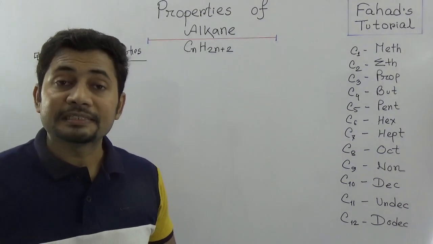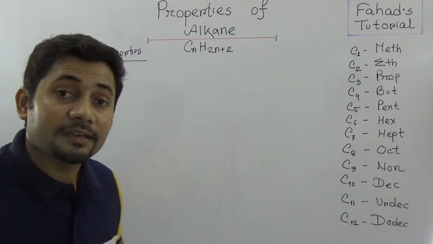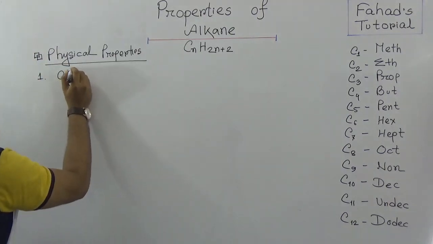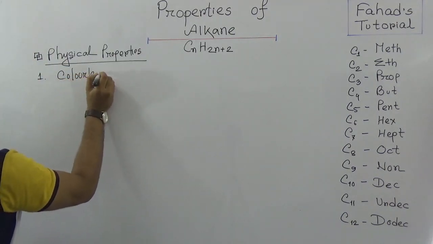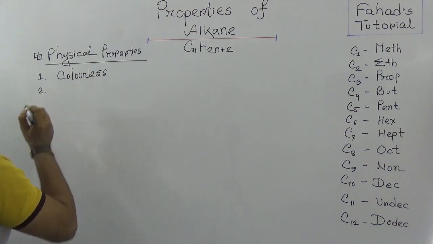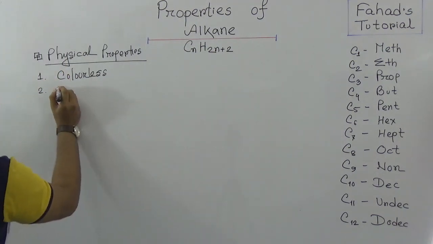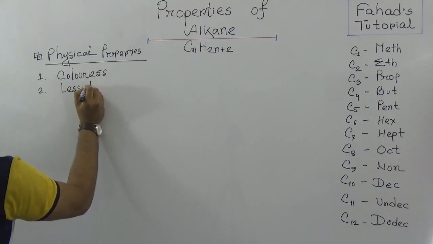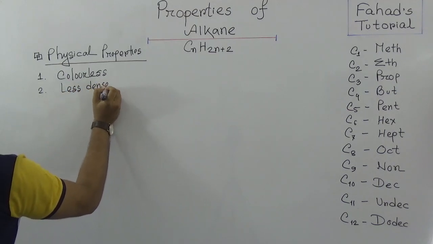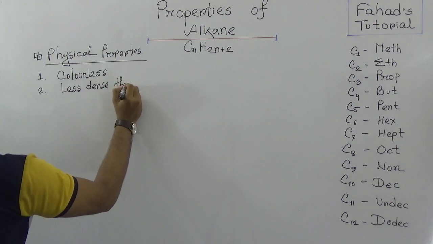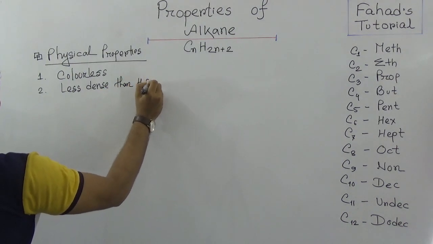Number one, very primarily we can say that alkanes are colorless. Number two, alkanes are less dense than water.